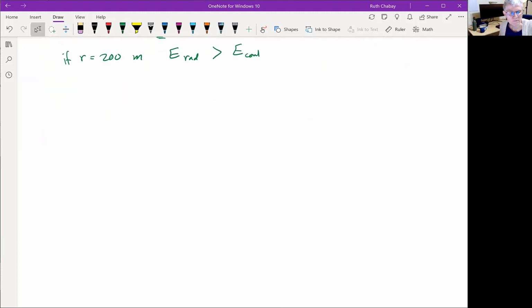So let's think what would happen if, instead of just giving a charge a kick, we actually had a charge on a spring that could oscillate up and down. So suppose we had an electron on a spring, and so it oscillated up and down.